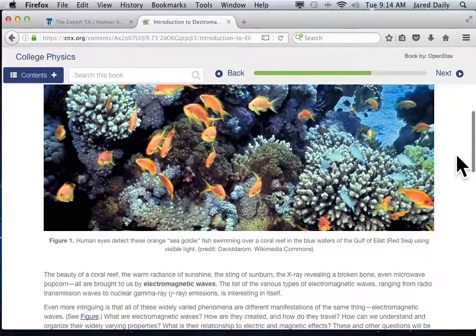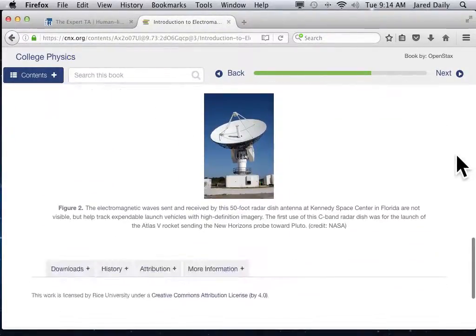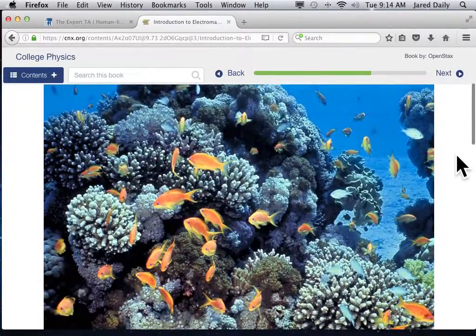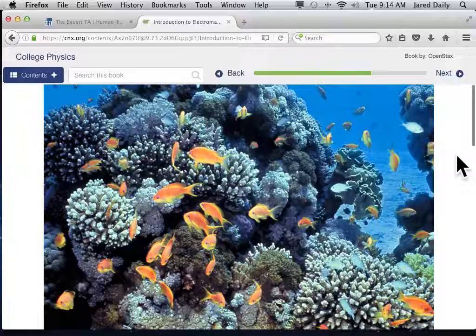And it was a guy named Clerk Maxwell, an English bloke who took a bunch of equations, some of the equations that we've seen so far.